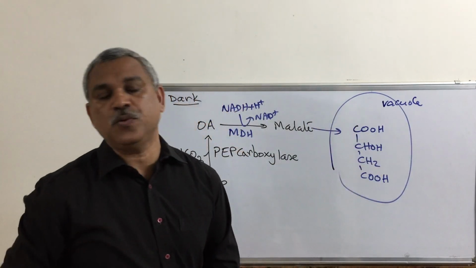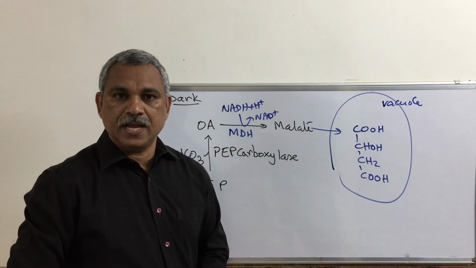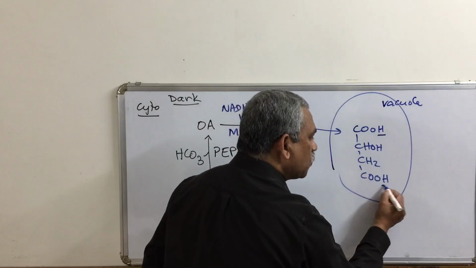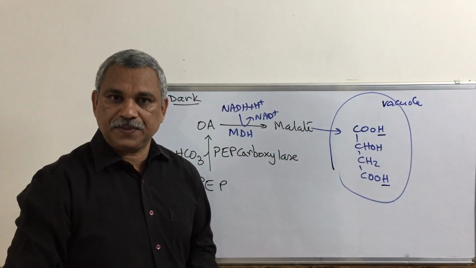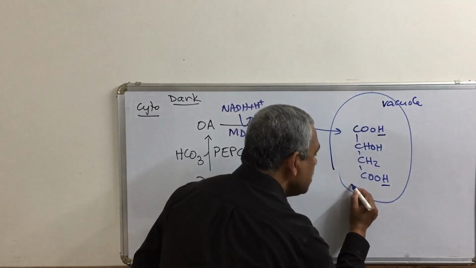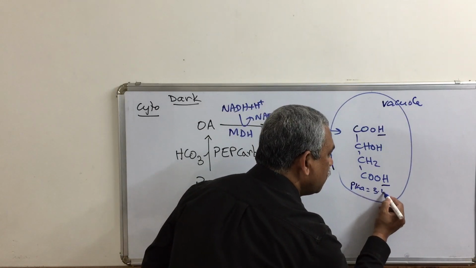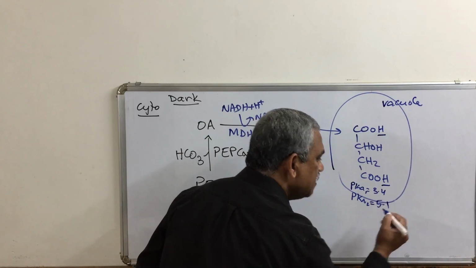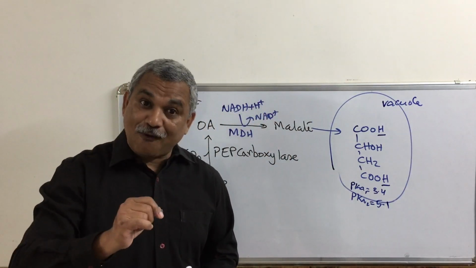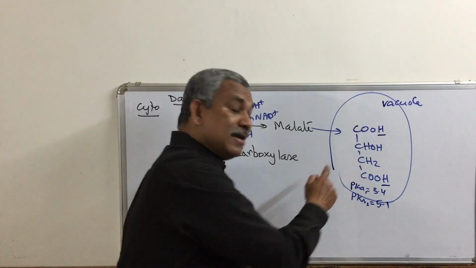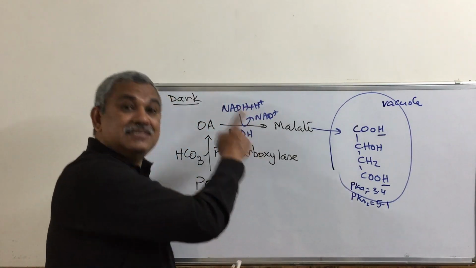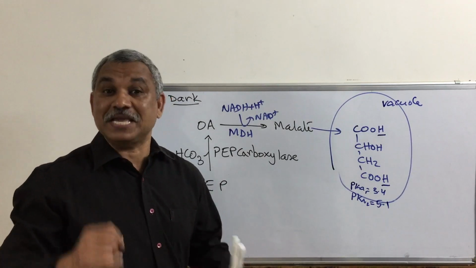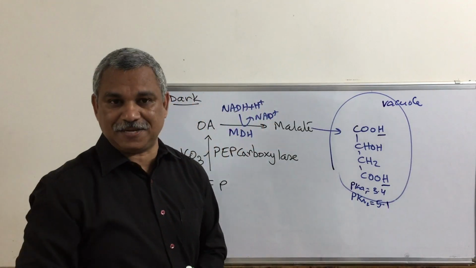When you look at the structure of malate, there are 2 protons that can be ionized, so there are 2 pKa values. pKa 1 is at 3.4, pKa 2 is at 5.1. So no wonder that if the plant is in the dark or early morning, it will taste sour because of this high acidity.